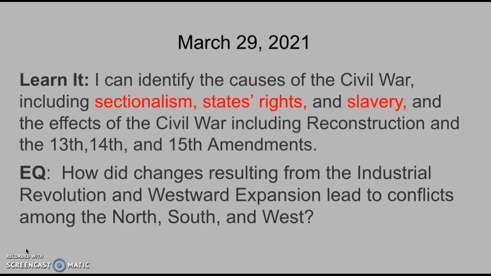So these 3 regions will, as I said earlier, come into conflict with one another, and that's something we need to be thinking about as to how those things lead to the Civil War as we begin discussing it today and really over the next few weeks.